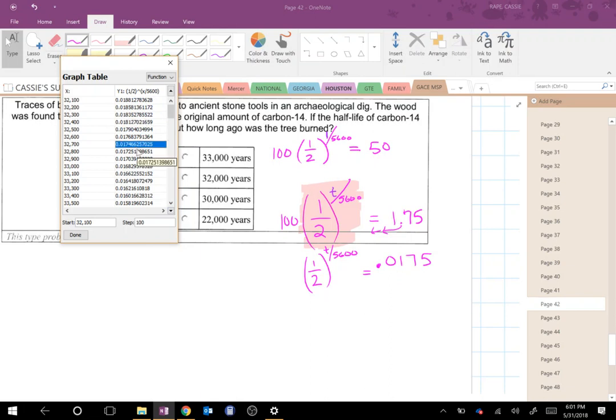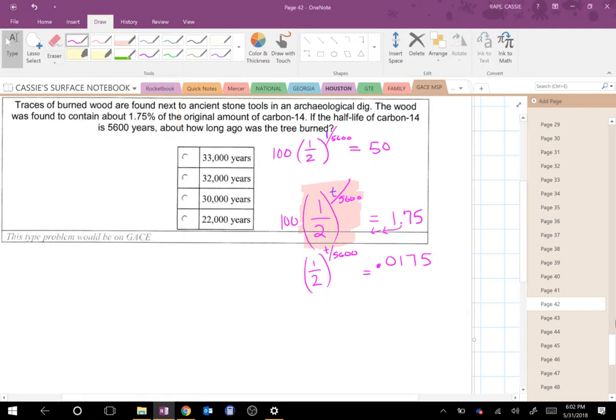So actually, I think 33,000 looks like it is the answer to this question, because 32.7 rounds a lot closer to 33. Now let me show you how we would do this exactly. I think I guessed 33. Yeah, A.